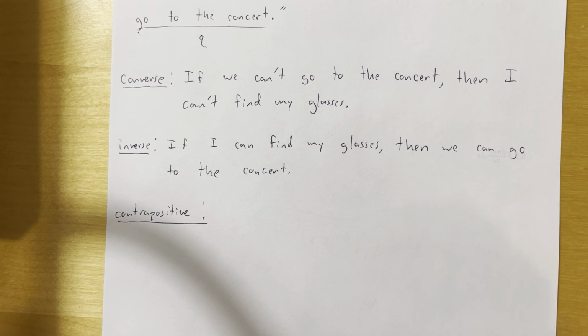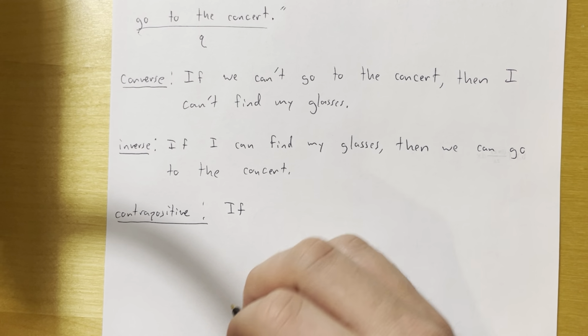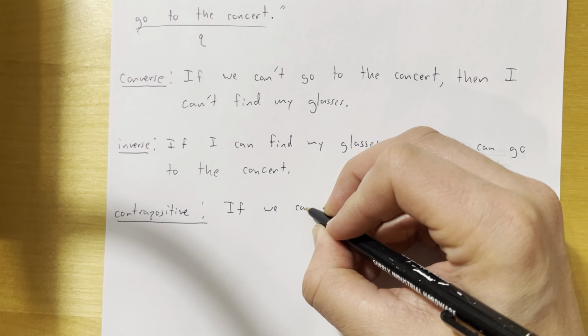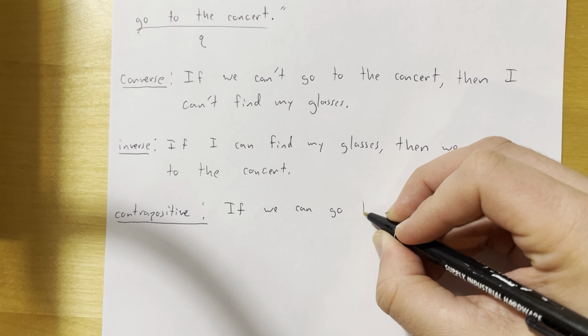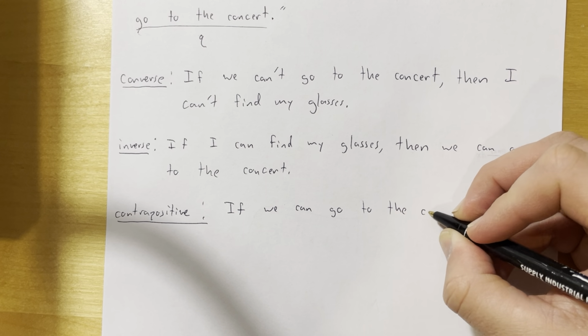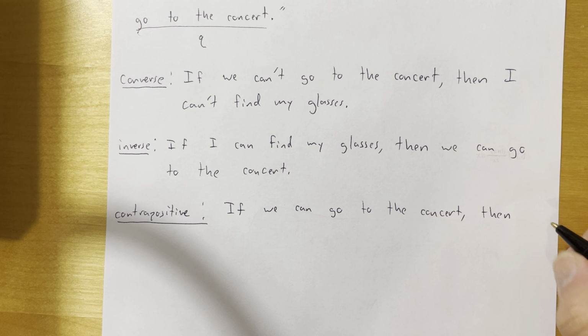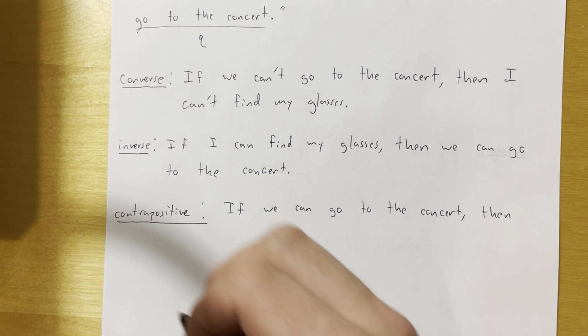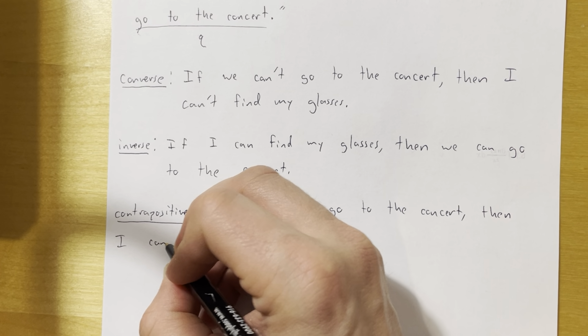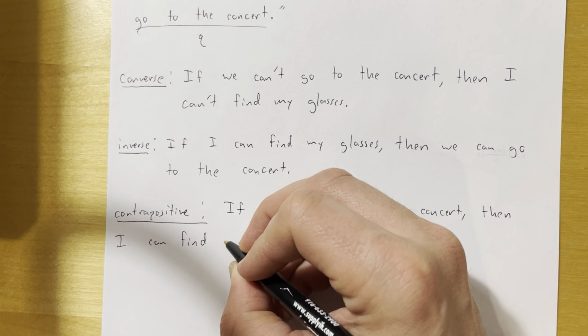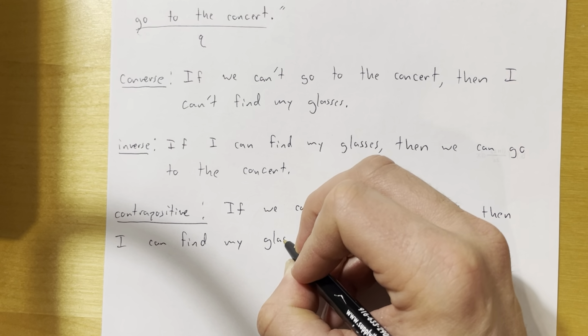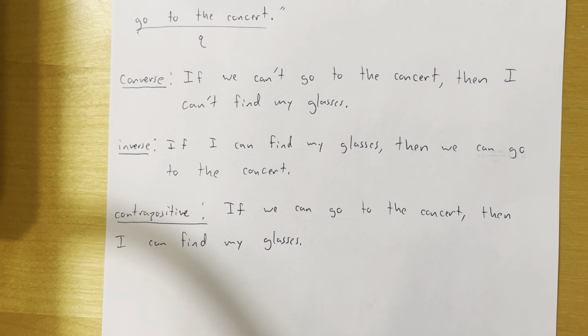I'm just switching their order now. It says if we can go to the concert, then I can find my glasses. Okay, so that's how those would look given the original statement.